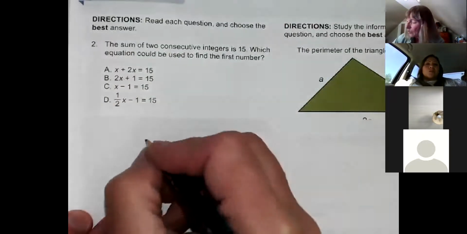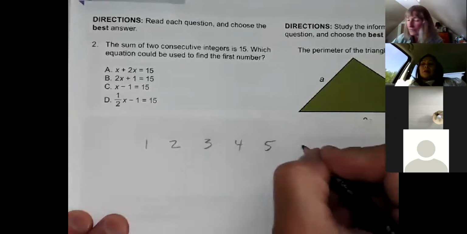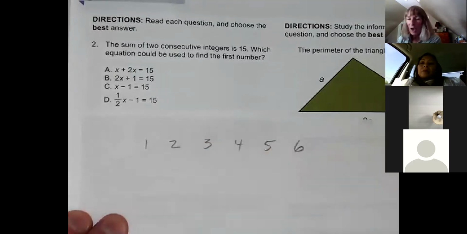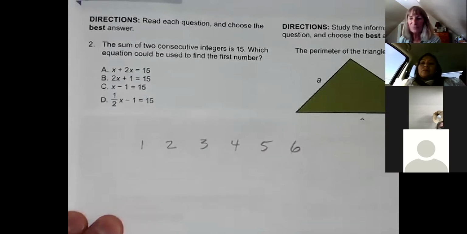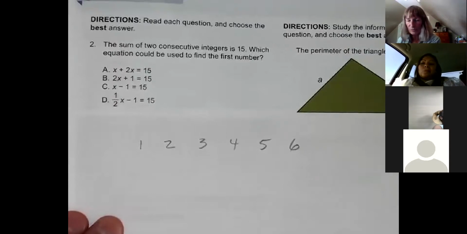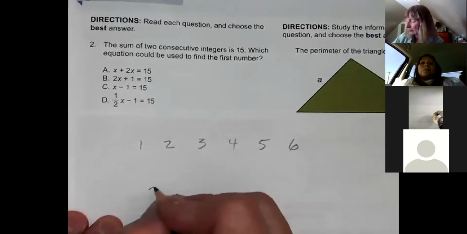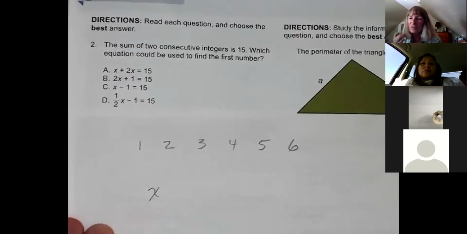1, 2, 3, 4, 5, 6. And we're trying to think of 2 of these numbers that add up to 15. And I can write an equation for that. I can call the first number x, and that second number is just going to be 1 greater than x.